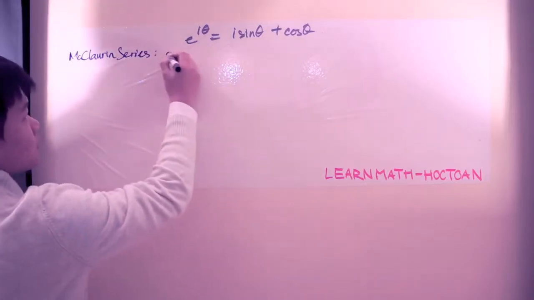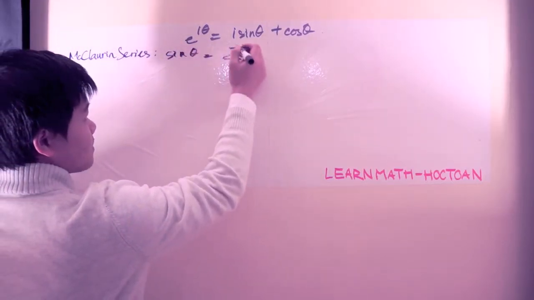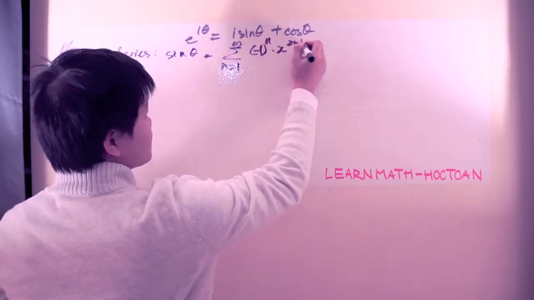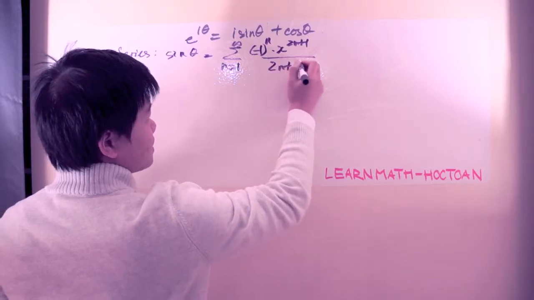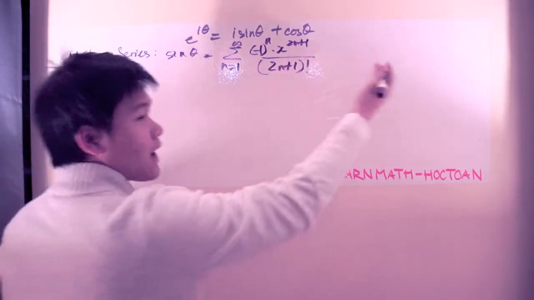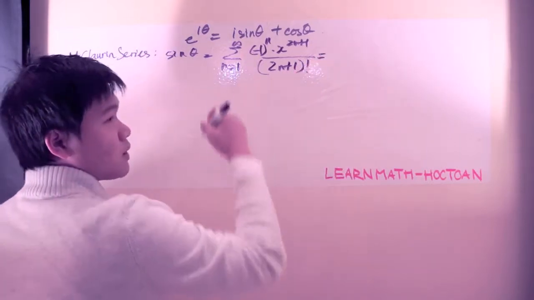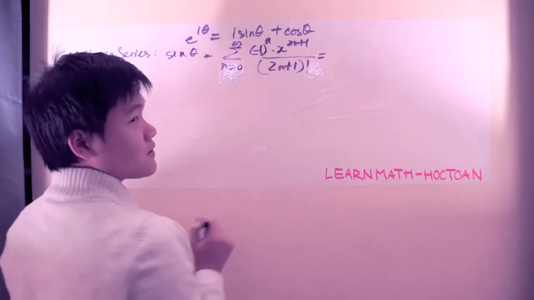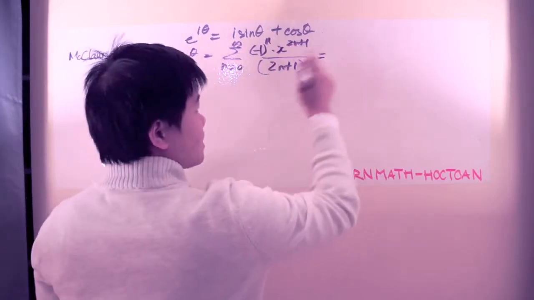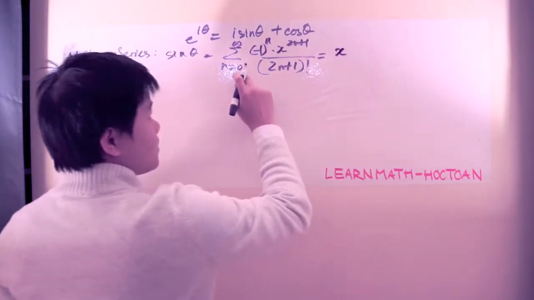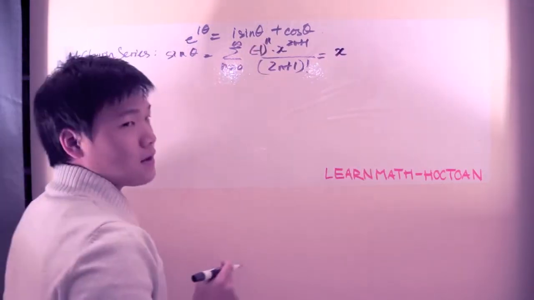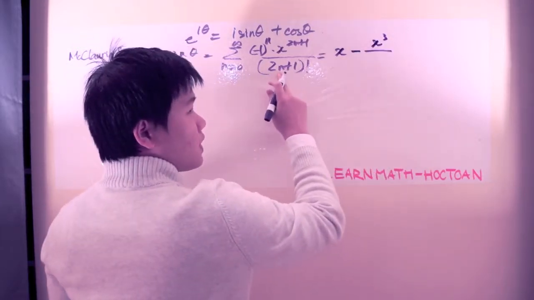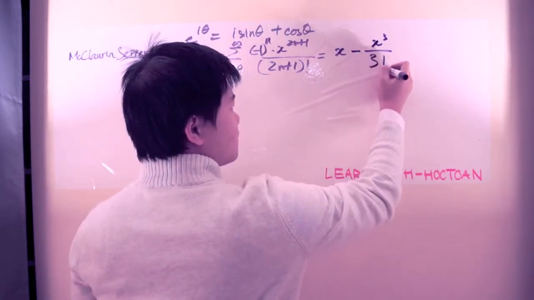You have sine theta equal to the sum from n equals 0 to infinity of minus 1 to the n times x to the 2n plus 1 over 2n plus 1 factorial. You can expand that. With n equal to 0, that's 1, and x. Next, n equal to 1, minus 1 to the n gives minus x cubed over 3 factorial.